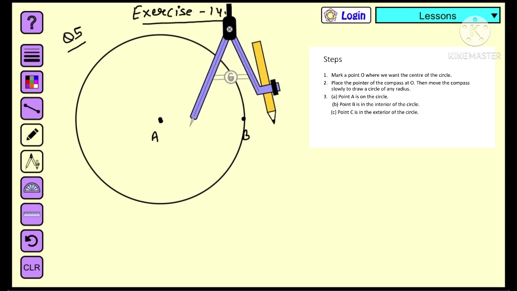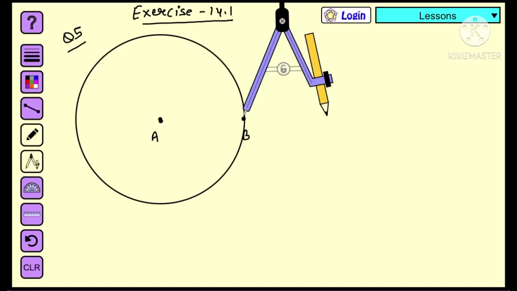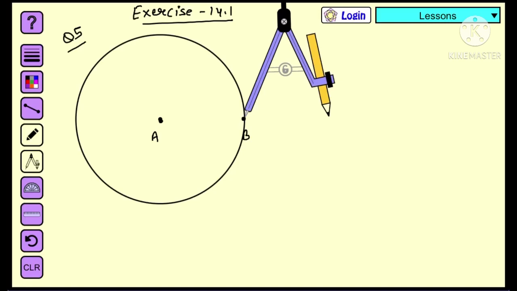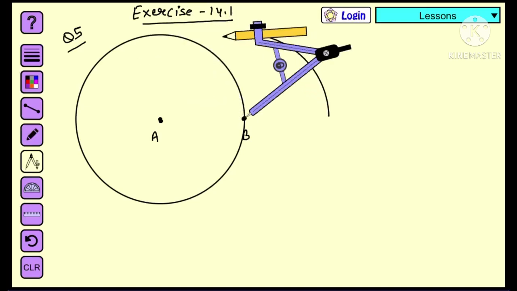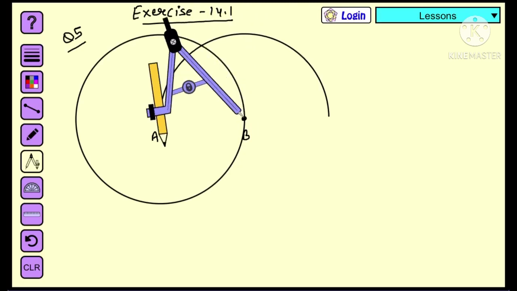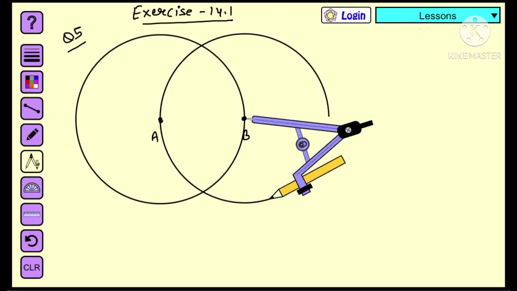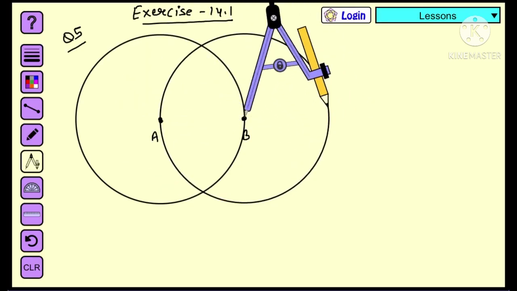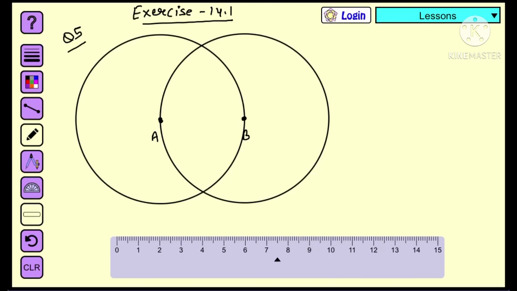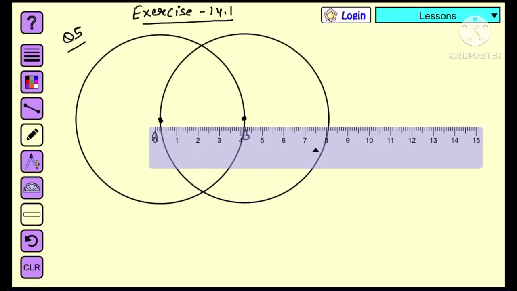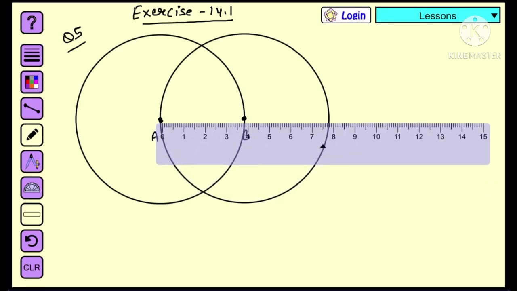Again, taking B as center, we will draw another circle which passes through A. So you see, both have the same radius AB.